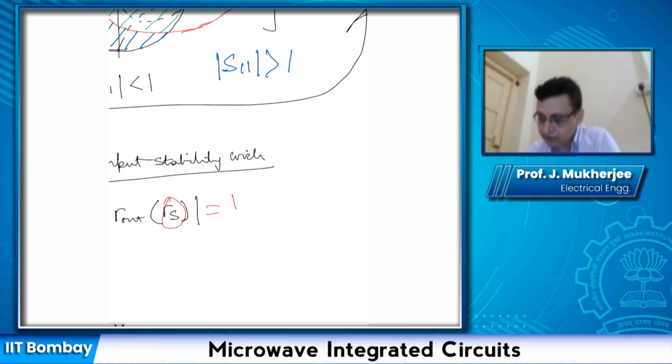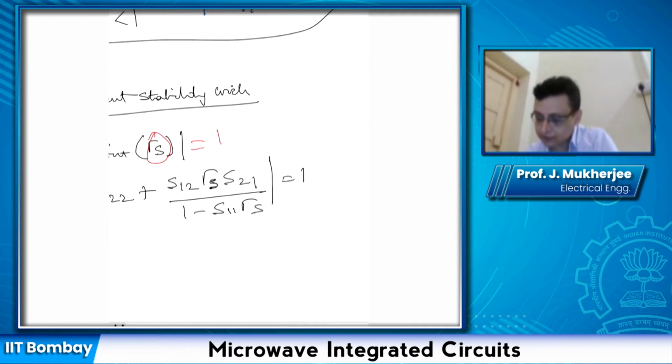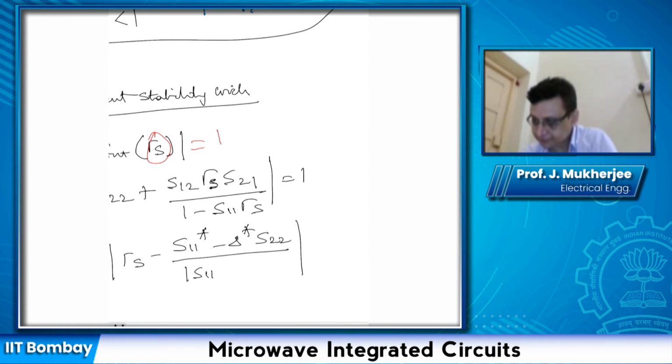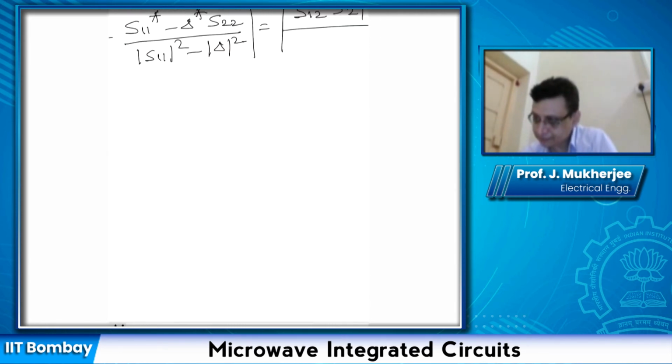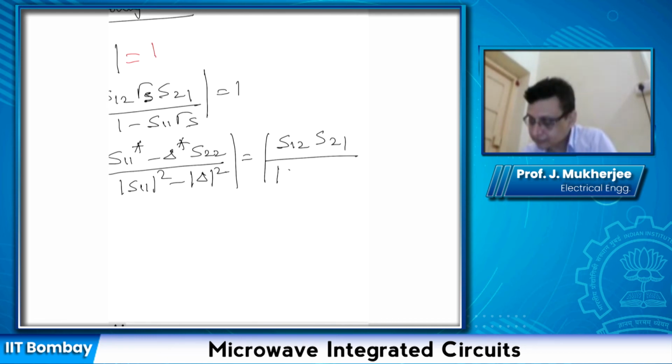So gamma out, recall, is given by S22 plus S12 S21 gamma S upon 1 minus S11 gamma S, and that is equal to 1, and this in turn can be simplified to this.